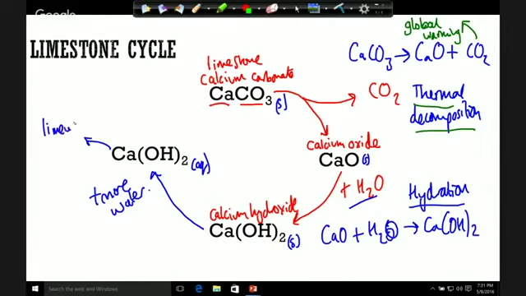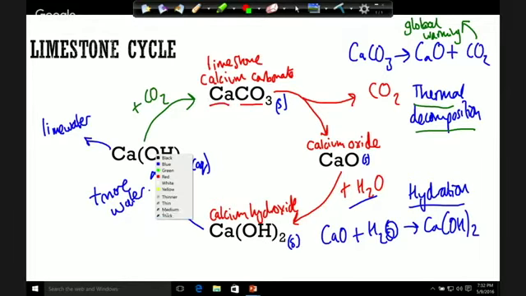And this might be a little bit of a light bulb moment for you, but it will help you realise why lime water goes cloudy when you add carbon dioxide. Because if we add carbon dioxide to this, that will complete our cycle and get us back to calcium carbonate. And that's the reason why lime water goes cloudy when you add carbon dioxide, is because you end up with this solid calcium carbonate as a precipitate in there.